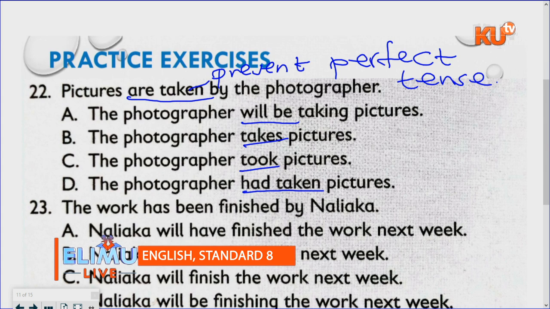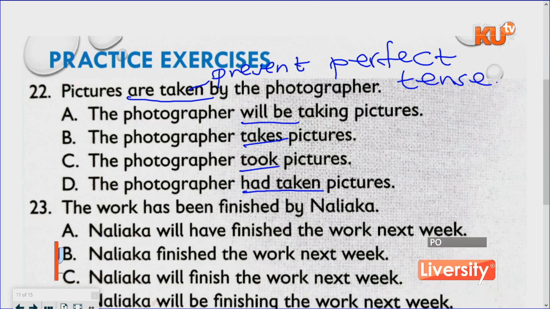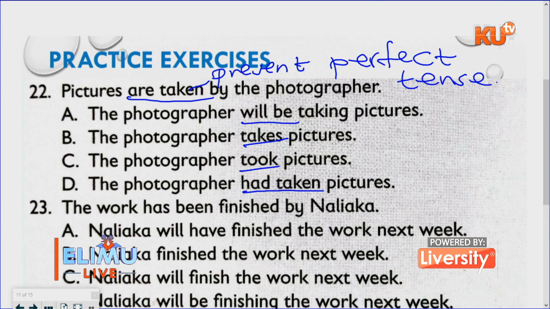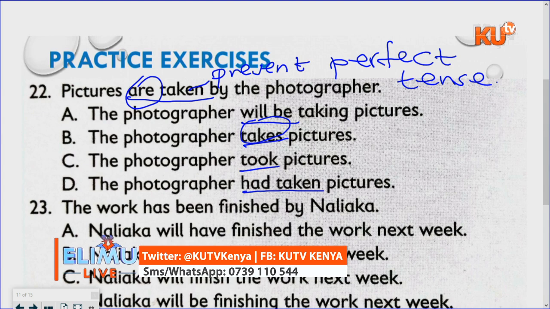To remain in present tense, it has to be the photographer takes pictures, because of this are is present, then takes, also the verb there tells you that it is in present. And I told you that most of the time, in perfect tense, the sentence changes to participle. So when you are changing it back to active, you remove that form of participle to become just the tense it is without being participle tense.